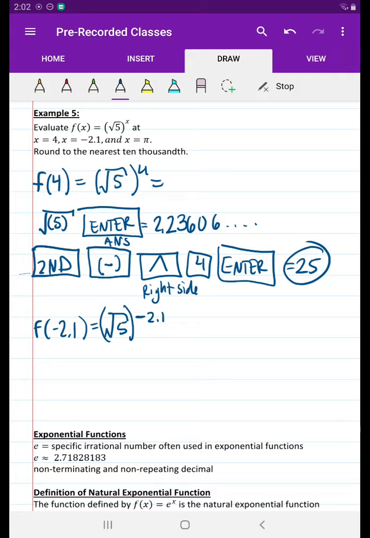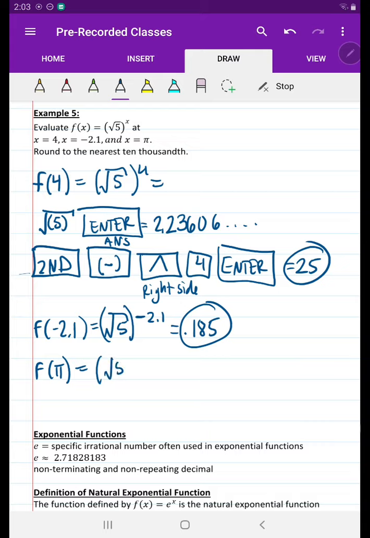So let's see, I'll do square root of 5, close the parentheses, and then your caret button on the right side of your calculator for your exponent, and then negative 2.1, right? And so that'll give me the answer of 0.18. I'll round that to 3 decimal places. I'll say 0.185.